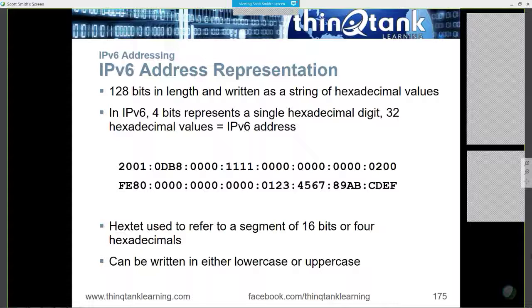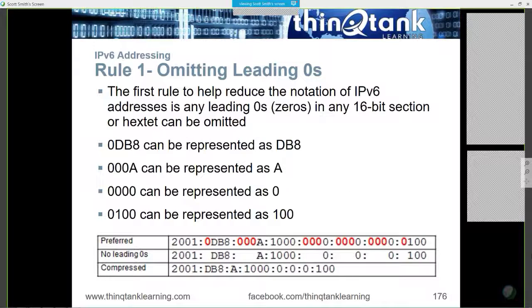All right? Two things that you can do to shrink an IPv6 address on paper. First of all, leading zeros in each hextet are optional. They're always there. Computers know how to interpret that, but you can take out the leading zeros, not the trailing zeros.